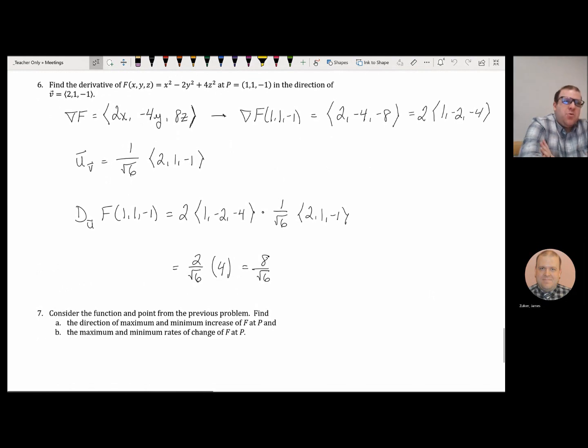Same function, same point. Going to find the direction of maximum increase and direction of minimum increase. And then we'll find the actual maximum and minimum rates of change.